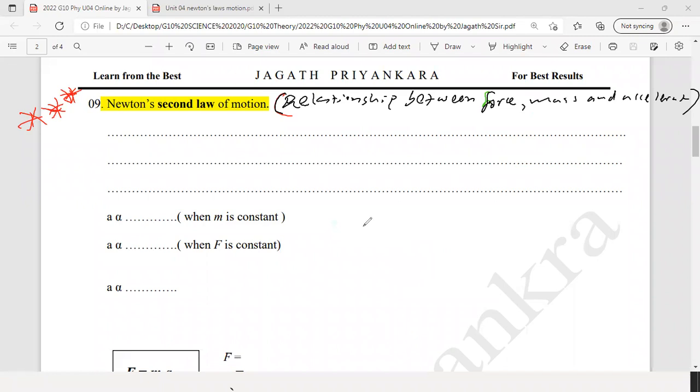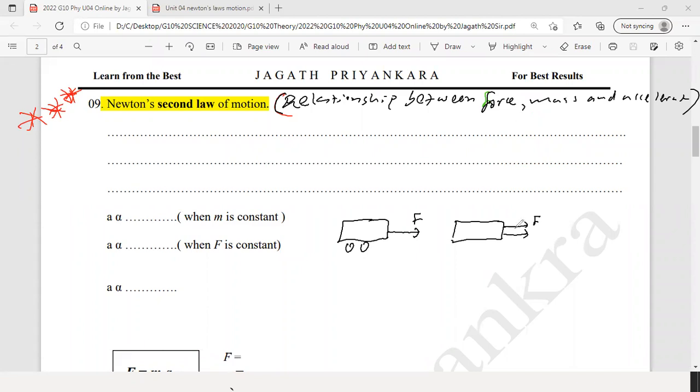There's a trolley, the one you are supposed to do as a practical in school. You pull this with one rubber band. Now instead of one rubber band, you pull it with 2 rubber bands. Now this is 2F. That means the force is doubled.